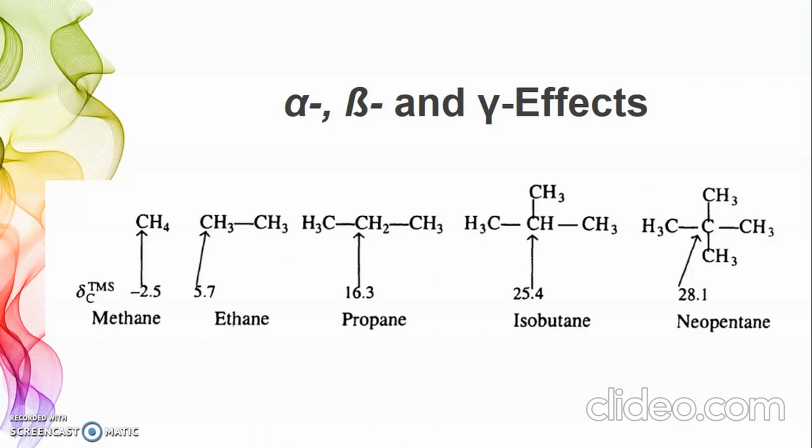This is illustrated in the figure by moving from methane to neopentane. The alpha and beta positions exhibit a deshielding effect, whereas the gamma position shows a shielding effect. That's why we get values going from negative to higher positive. In this case, neopentane contains no hydrogen, while methane contains a higher number of hydrogens.